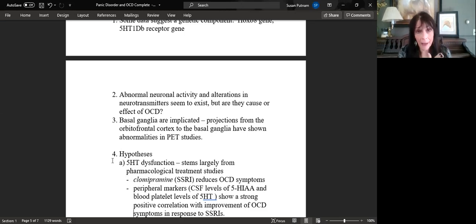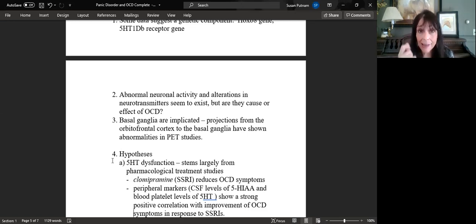But basal ganglia, remember the good old basal ganglia, all right? That group of structures and part of the striatum, the basal ganglia are implicated. And the structures of the basal ganglia have projections from the orbitofrontal cortex to the basal ganglia deep inside.